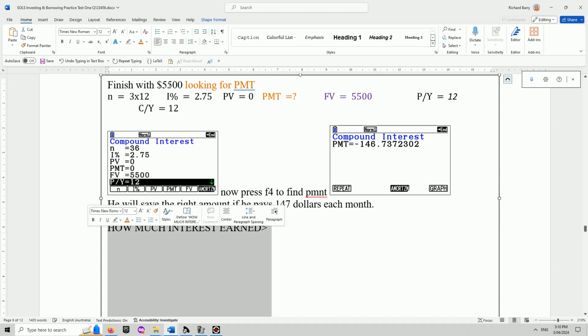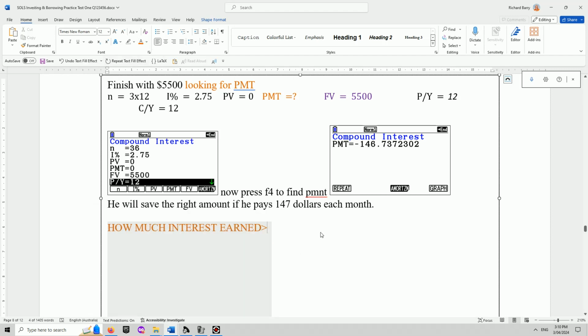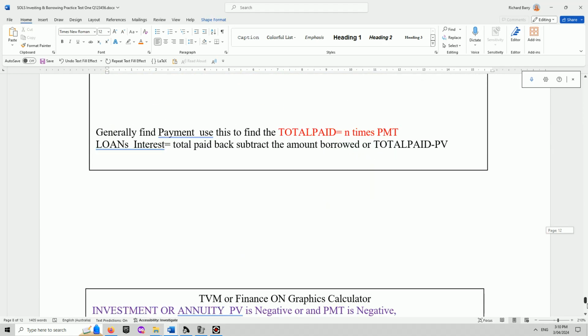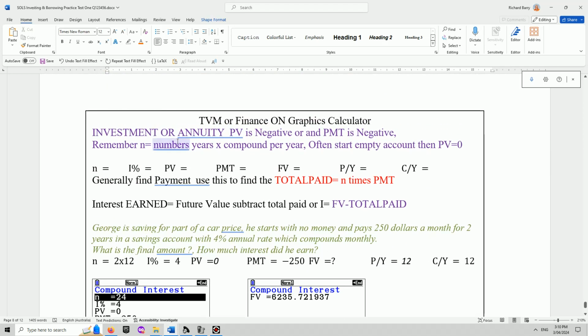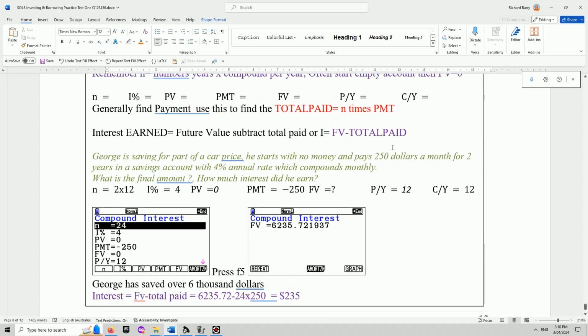Okay, going to red. So interest earned, if we look at the formula sheet, for an annuity, for an investment, the interest earned is the future value minus the total paid. So let's grab that.